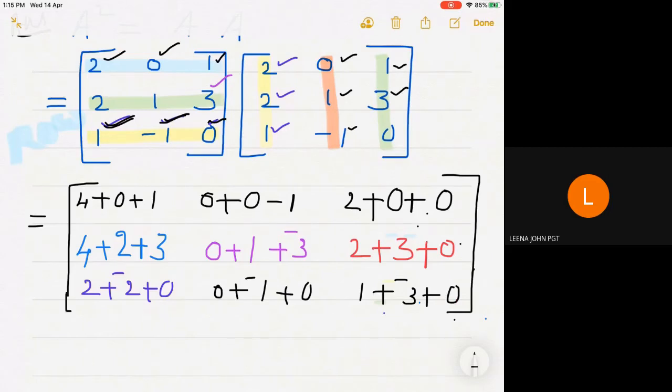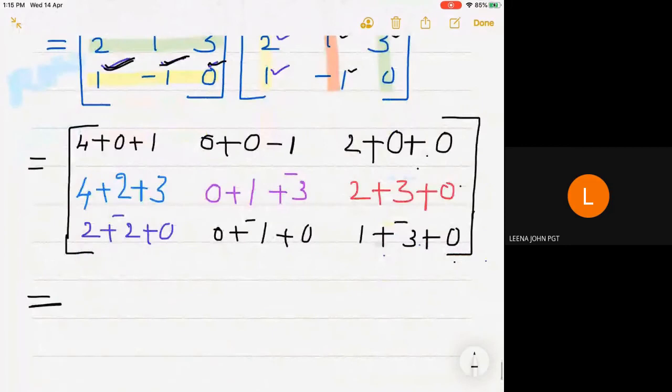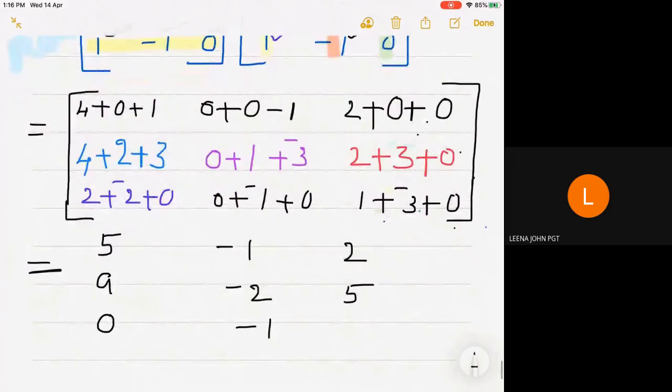So this is a matrix. Finally what you are getting is [5 0 5; 9 -2 5; 0 -1 -2]. Wait, as read out: 5, minus 1, 2, 9, minus 2, 5, 0, minus 1, minus 2.